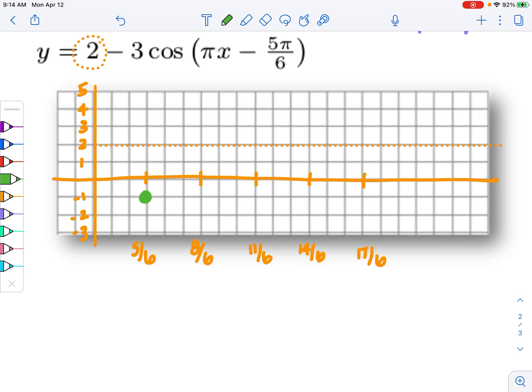Since it's cosine, I'm going to follow my pattern, head to my new x-axis, keep going up, notice amplitude of 3, come back down from my third point, and I finish here. This is my curve for this problem. What's interesting to note is you also could have just graphed on the normal x-axis and then grabbed every point and moved it up 2.